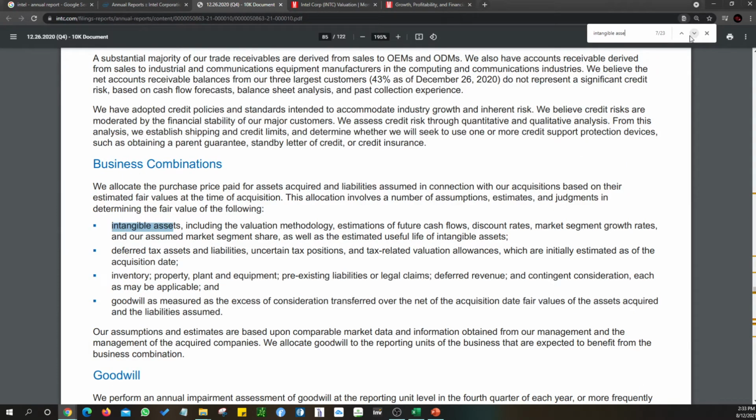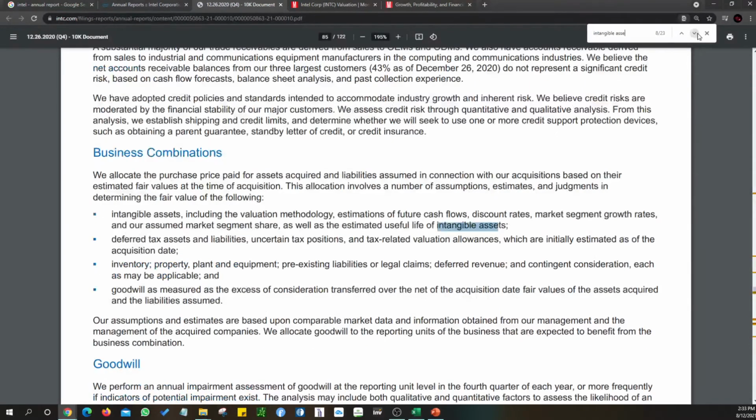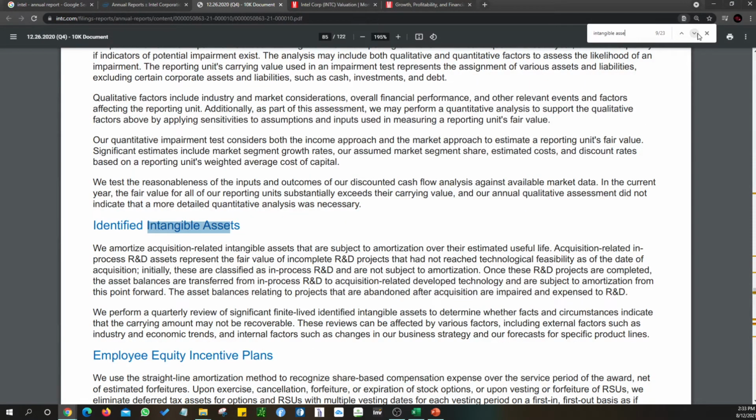Intangible assets, including valuation methodology and so on. Okay. They have goodwill. Okay. Let's look at it. Identified intangible assets. As I said, they have R&D, which they have a lot of patents, IPs, and so on. So all their chips are their intangible assets.